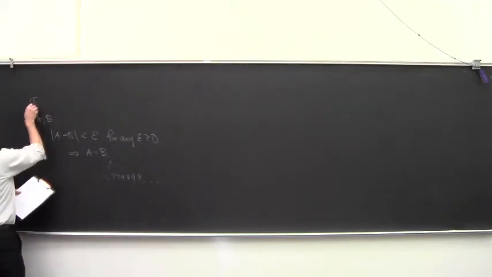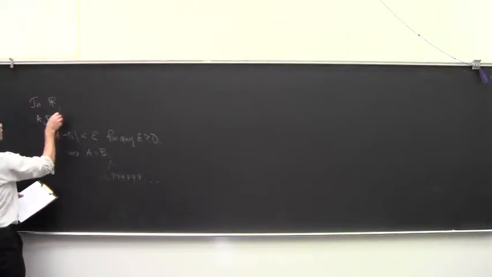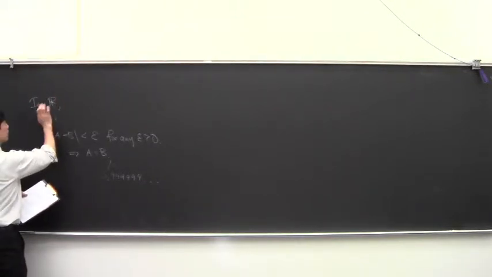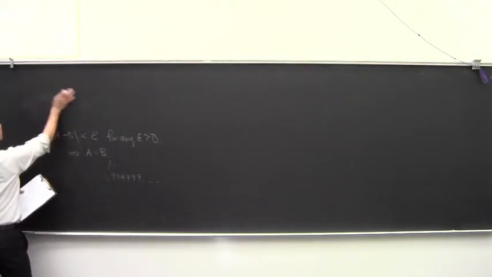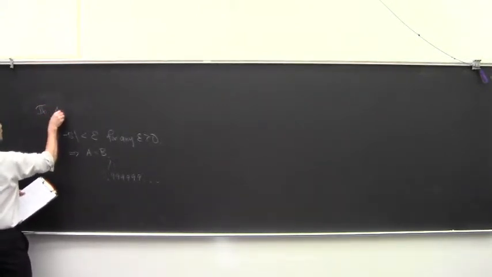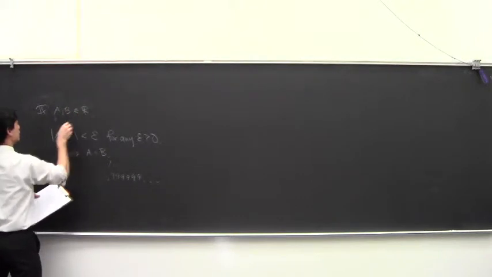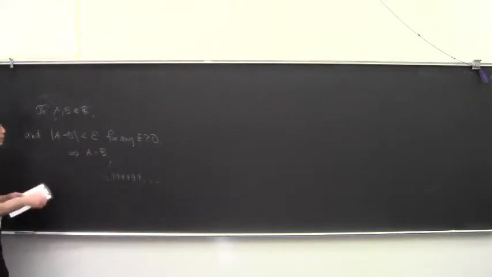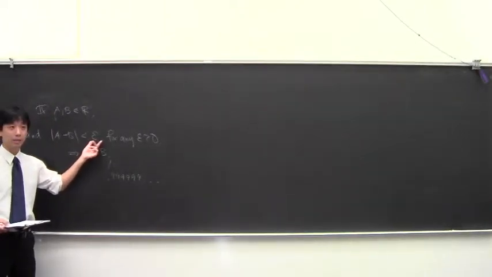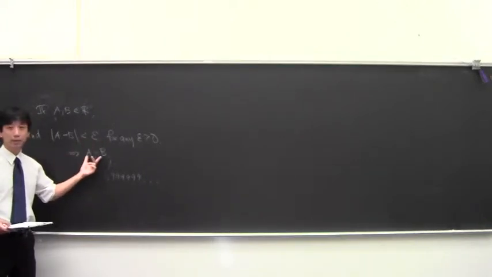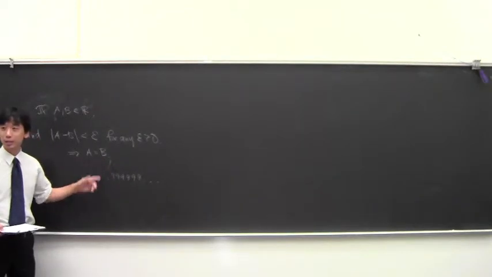So in R, if A and B are real numbers, and the difference between them is smaller than any number you can think of, no matter what tiny number you choose, then we think of those numbers as the same thing.